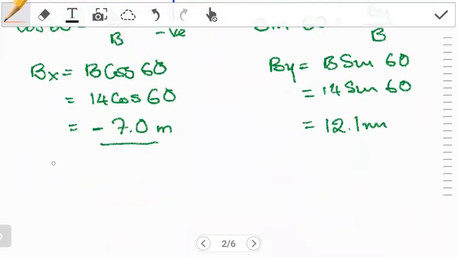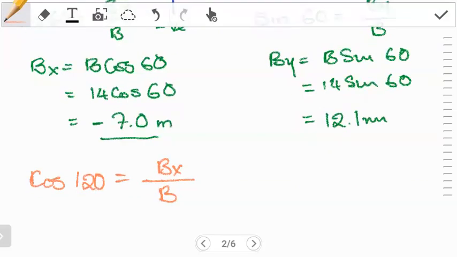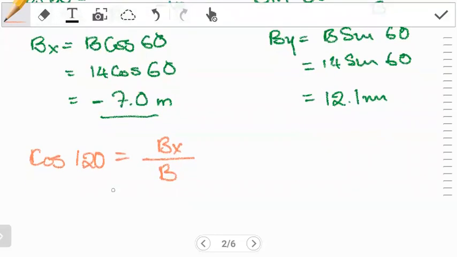Okay, now let's try to find Bx using that approach. Well, for that approach, what we're saying is cos gives you the x component. So we have cos of the angle, which is 120, is equal to Bx, the x component, over B itself. Notice that the difference here is just the angle. So if we look at this one now, we cross multiply.